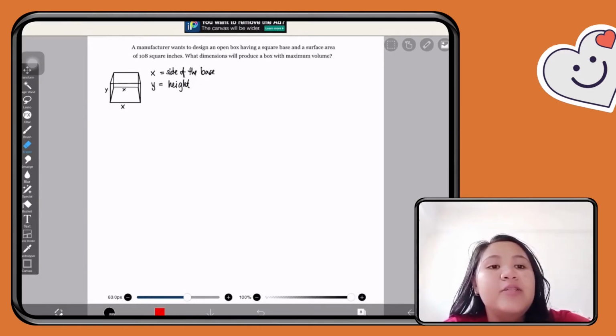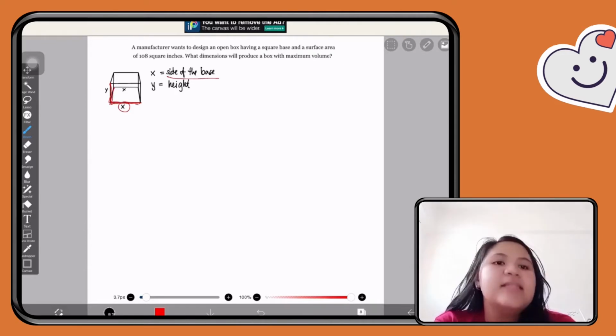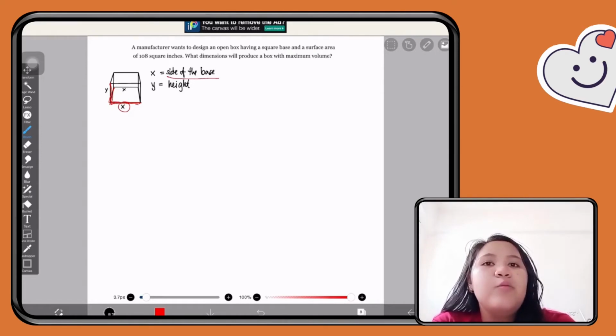Then we go ahead and draw the sides. Then we figure out x and y, where we prefer x as the side of the base. Technically it's the length and the width, but since they're the same, we can just call it the side. So y will be the height.